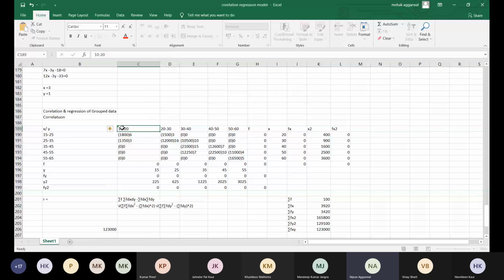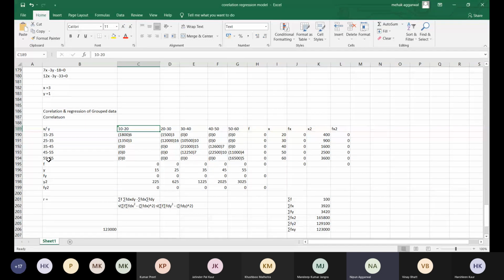We have treated this as the income and this as the age. So if we want to analyze whether there is any effect of age on the income, that if the person's age increases, the income level also increases. So I want to analyze this particular thing, that if the age of the person increases, the income will also increase.